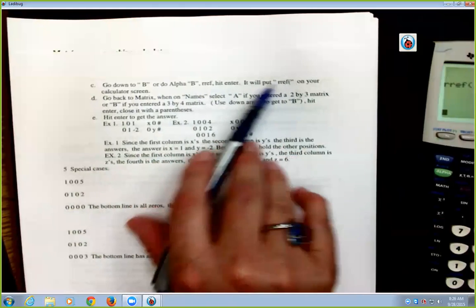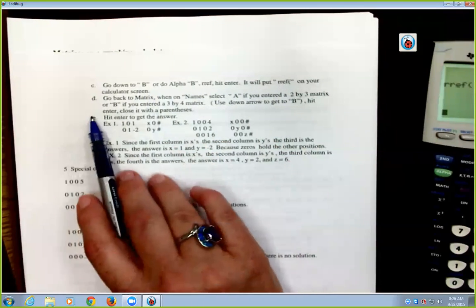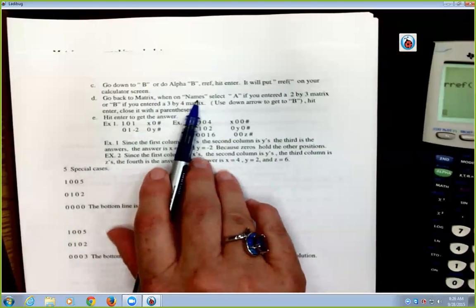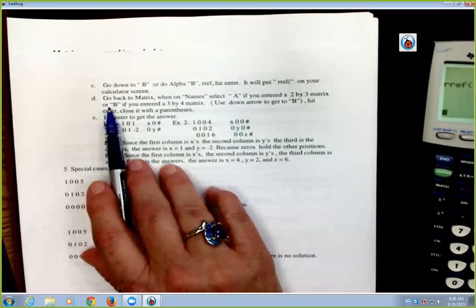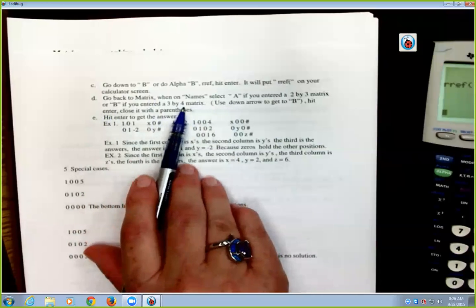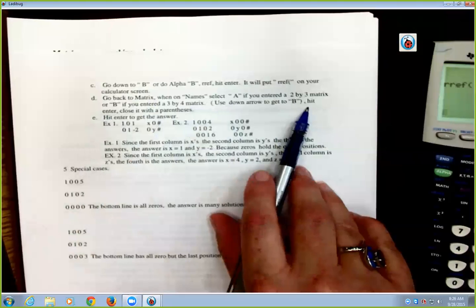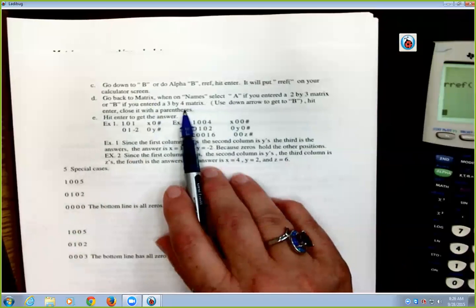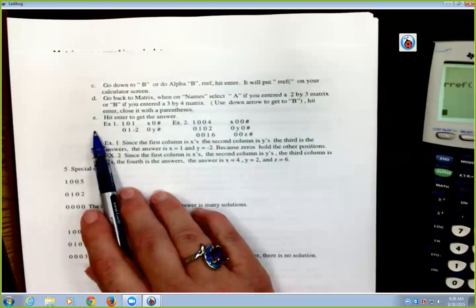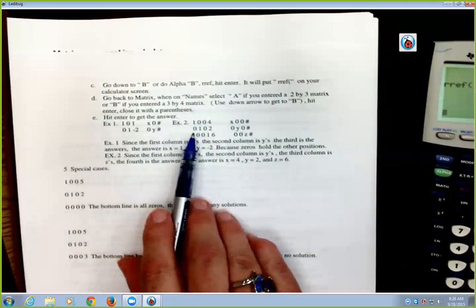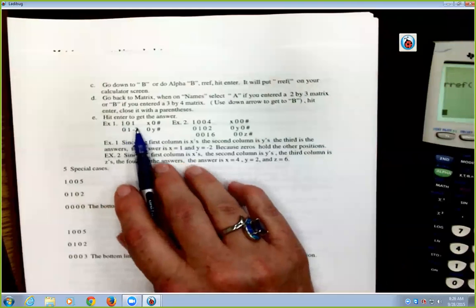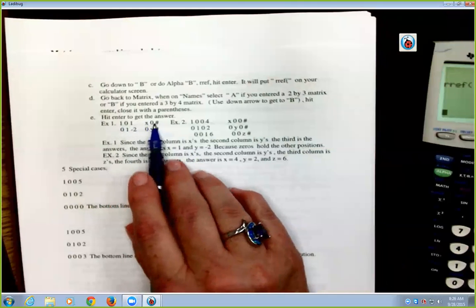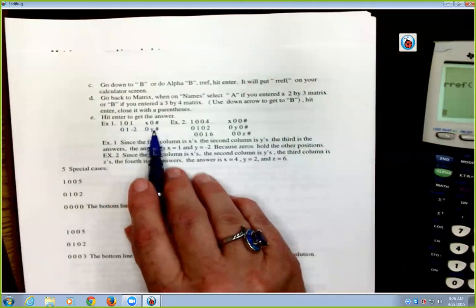So we need this on our screen on our calculator. Go back to matrix, then to names, and we selected A. If we're doing a 2 by 3, we would select B if we're doing a 3 by 4. Then down arrow to B and hit enter and close with a parenthesis. Then hit enter and your answer is going to pop up. Okay? Your answer again from the first one is X is the number and Y is the number.